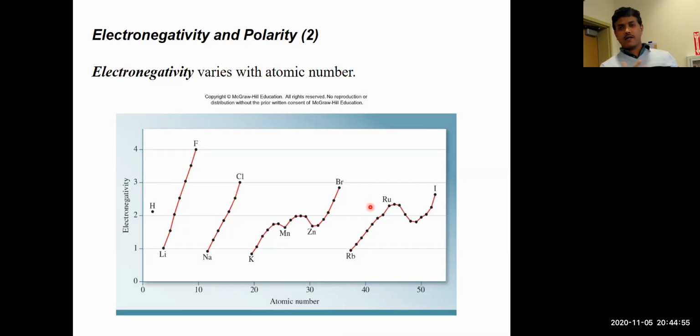Okay, so here are some trends in electronegativity. As we discussed, electronegativity varies with the atomic number because atomic number results in different atomic sizes. Here you can see that as the atomic number increases, the electronegativity value increases, because as you increase the number of protons in the same period from left to right across the periodic table, the atomic radius decreases.